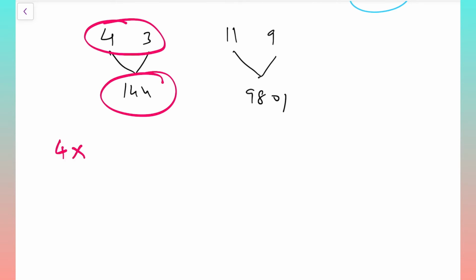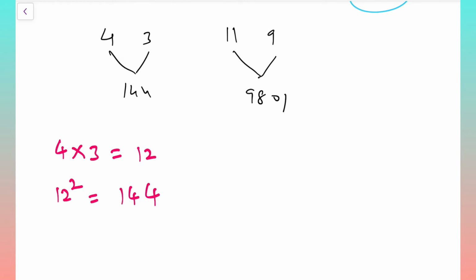So 4 into 3 is 12. For that number, if we do square, we will get our answer 144. Then let us apply the same logic for the next figure, that is 11 into 9. The multiplication of these two numbers becomes 99. Now for this answer 99, we need to do squaring. 99 square is nothing but 9801.